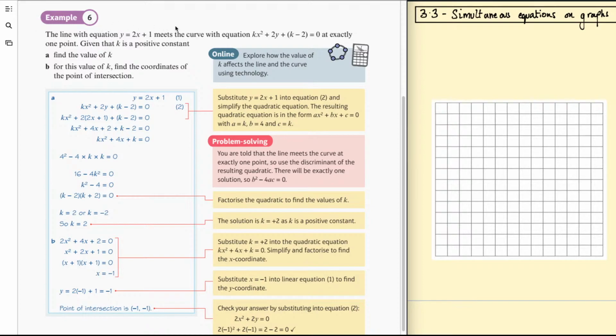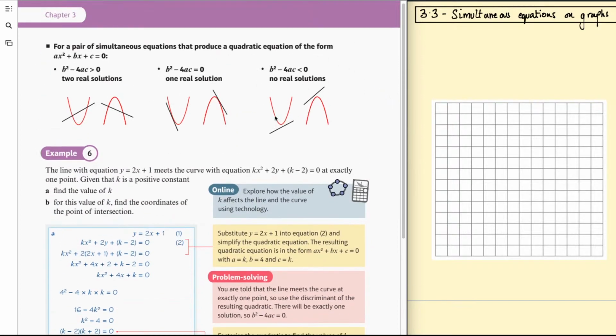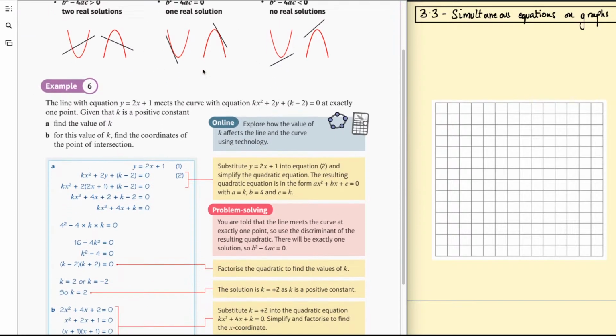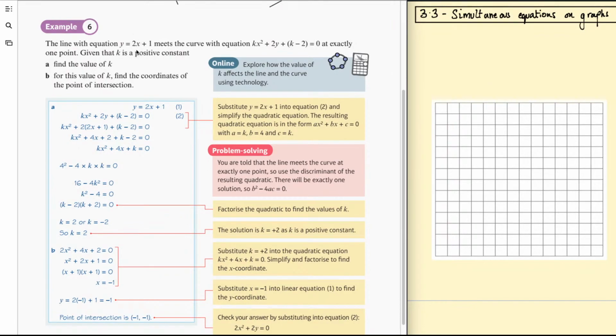Okay, the key piece of information is that they intersect at 1 point. So that's going to be this situation here, where b squared take 4ac equals 0. So what we need to do is essentially solve these algebraically as we have been doing.